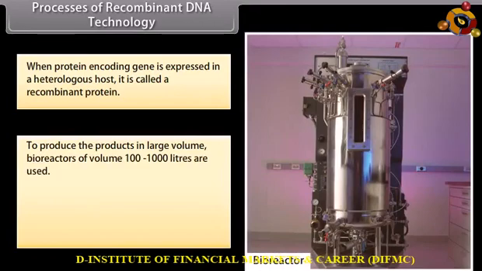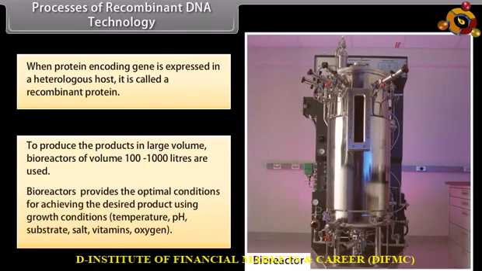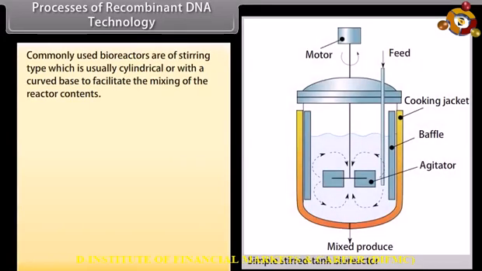To produce products in large volume, bioreactors of volume 100 to 1000 liters are used. Bioreactors provide the optimal conditions for achieving the desired product using growth conditions, temperature, pH, substrate, salt, vitamins, and oxygen. Commonly used bioreactors are of the stirring type, usually cylindrical or with a curved base to facilitate mixing of the reactor contents.